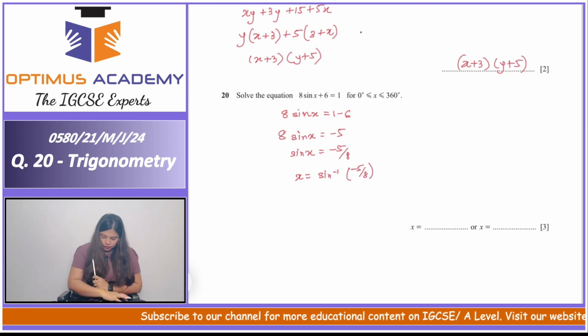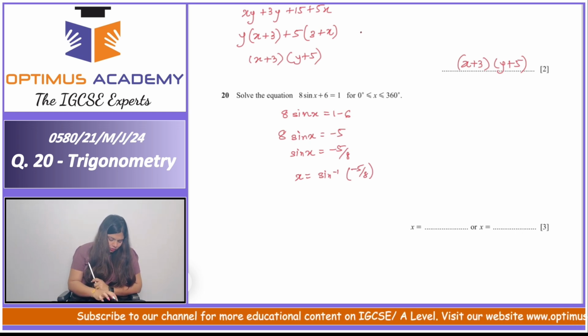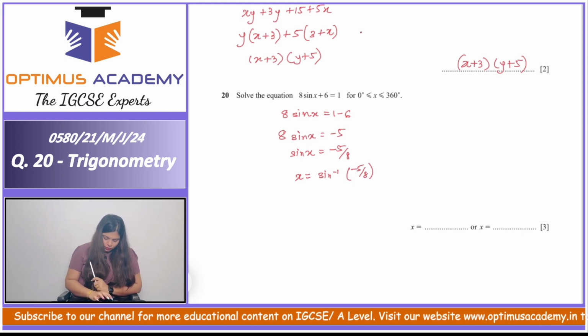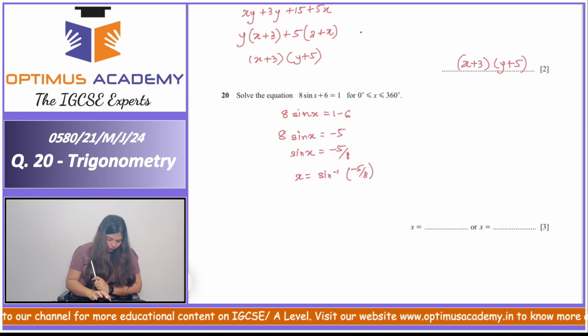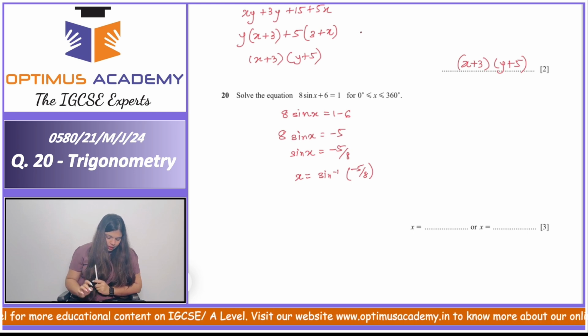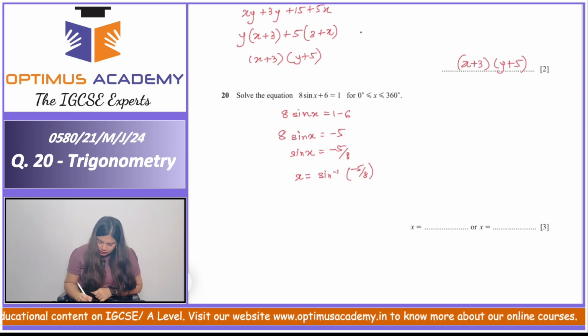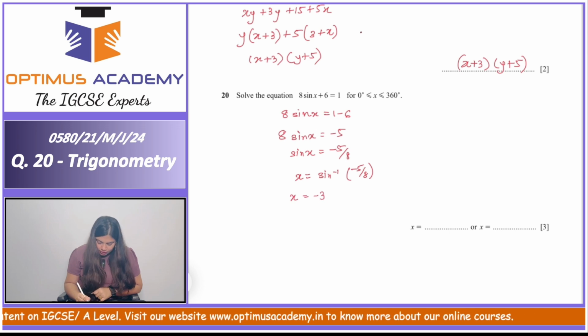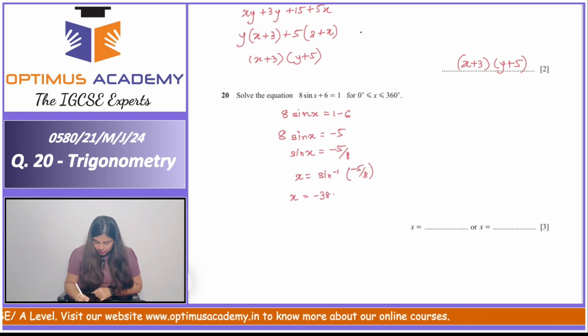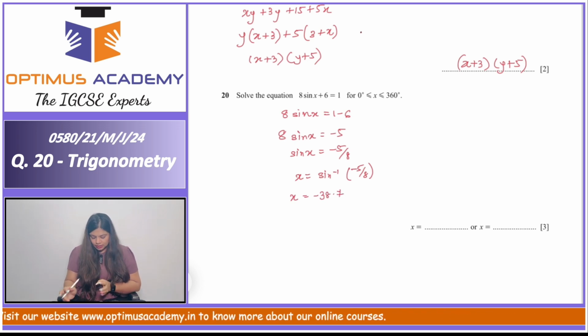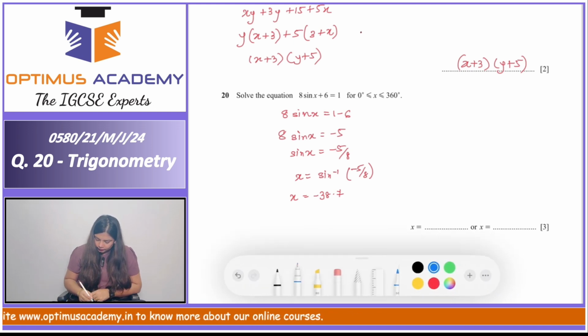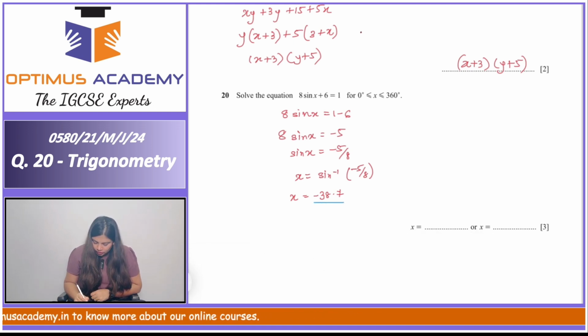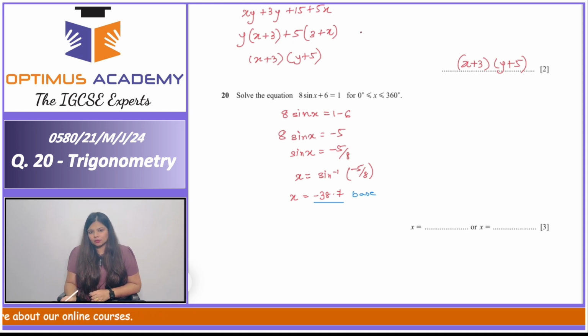Using the calculator, we can find the value of x as shift sin inverse bracket negative 5 by 8. And that will give us minus 38.7. Now, this is the base angle and we're going to use the ASTC method to find the remaining 2 angles.